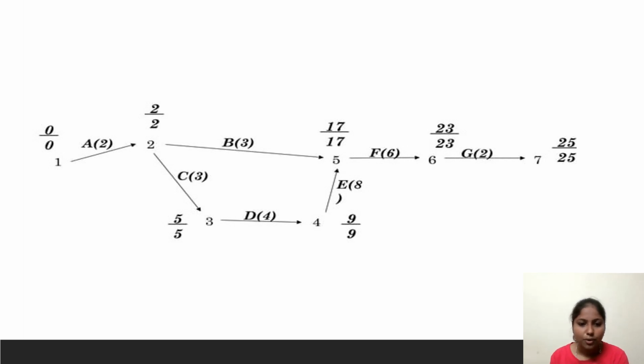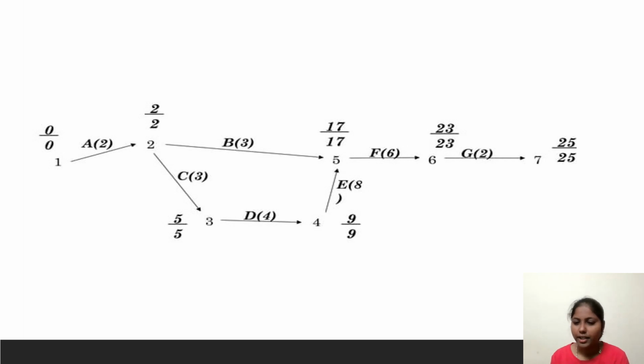From B it is different and from D it is different: 3 plus 2 is 5 and here it is 17. We take the max time for the forward pass. It is 17 plus 6, 23, 23 plus 2, 25.